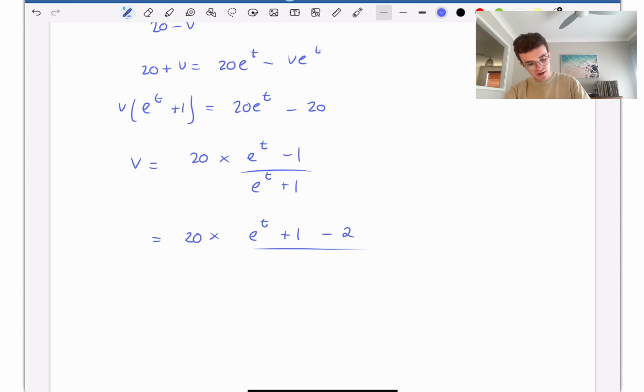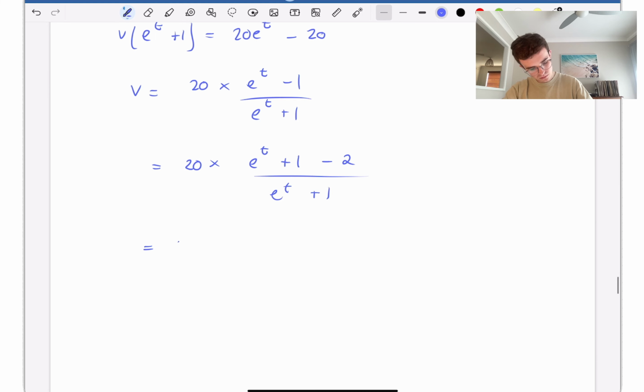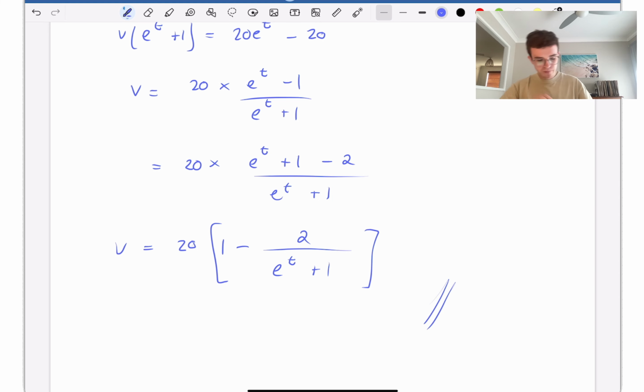So that's the same thing. Now this bit on the top is going to be 1, so 20, and I'm just going to say this is outside of 1 minus 2 on e to the t plus 1. And that's actually what we were after.